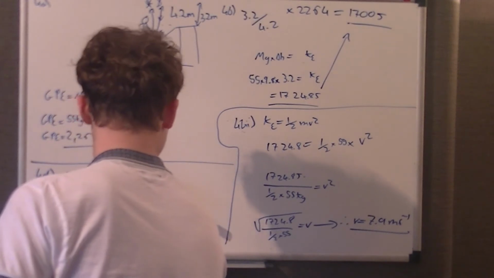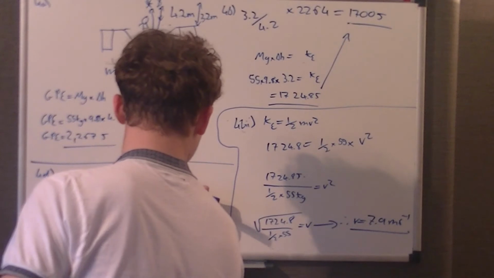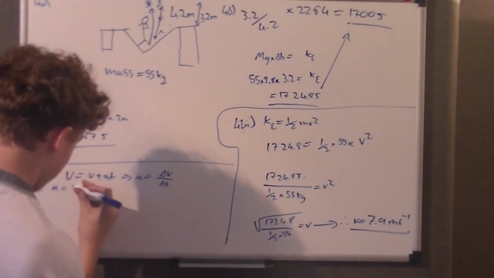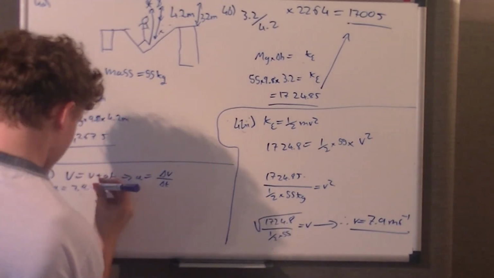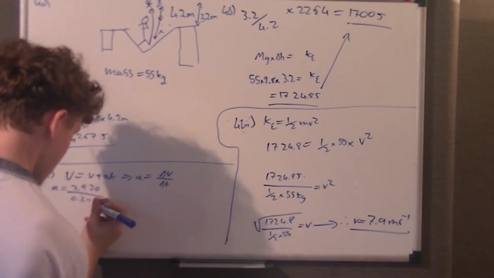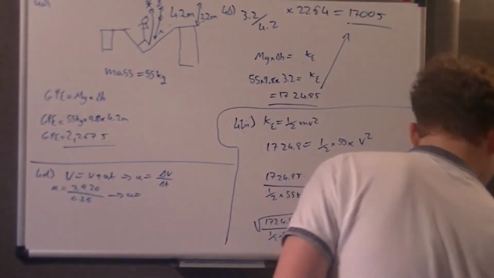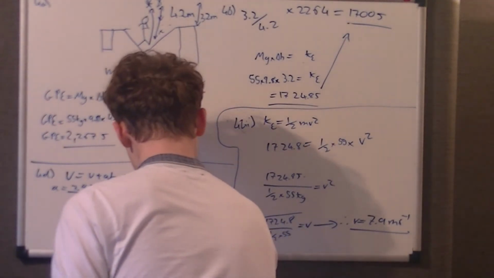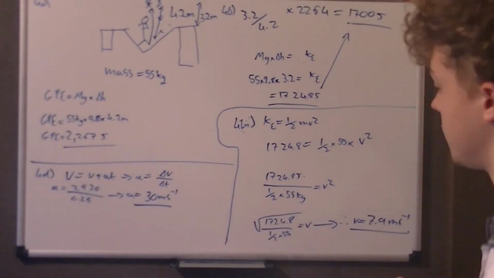Rearrange it to get a, so a equals delta v over delta t. So a equals 7.9. She doesn't start at velocity, she starts at 0. 7.9 minus 0 over 0.26. Therefore a is equal to 30 meters per second squared. And that's your acceleration answer there.